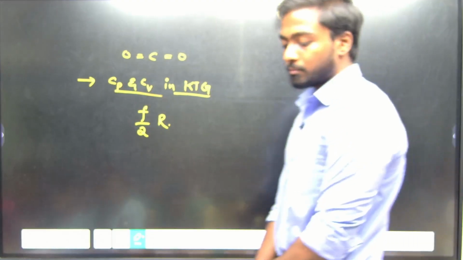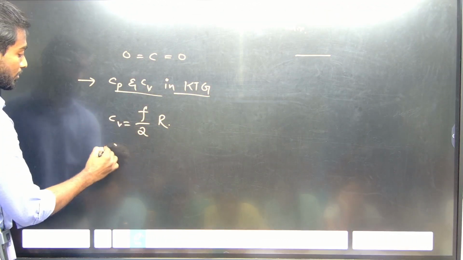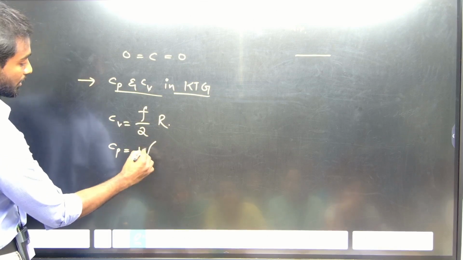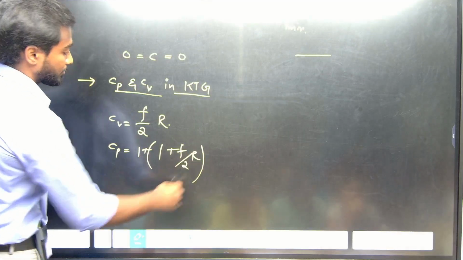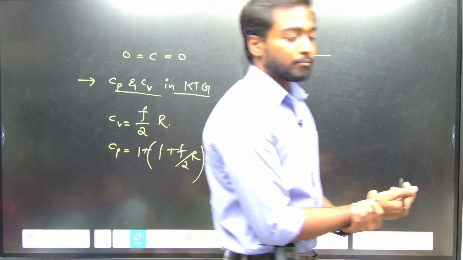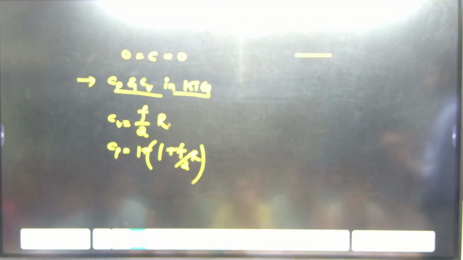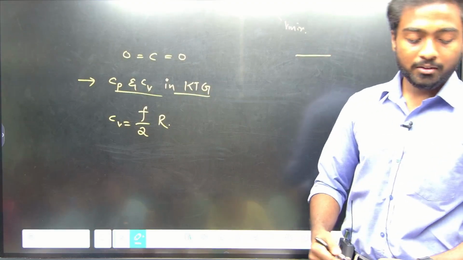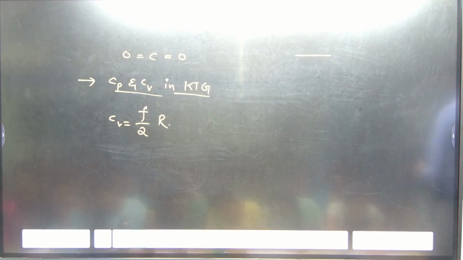Cp is equal to 1 plus F by 2 times R. Or you can take a simple formula, Cp is equal to R times 1 plus F by 2.